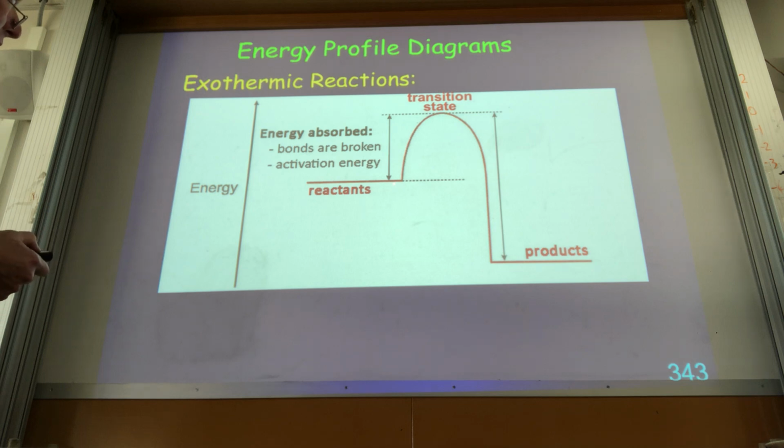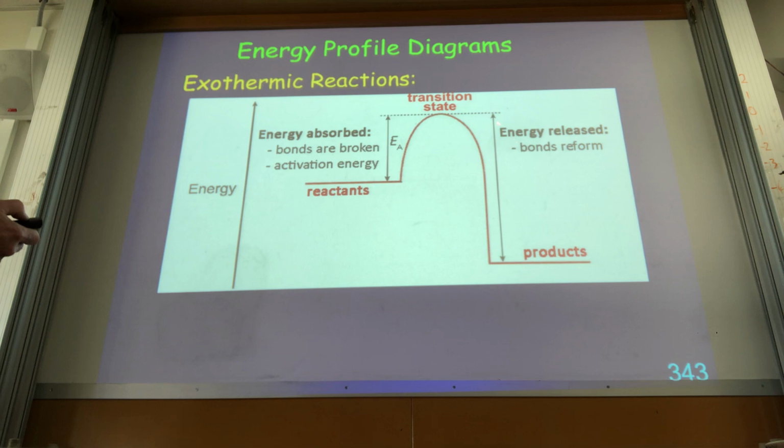So the activation energy is the rise on that graph, the height of the initial hill, how much energy you've got to put in to break those bonds. Then the energy released is the other side of the hill, how much energy gets released when the new bonds form.